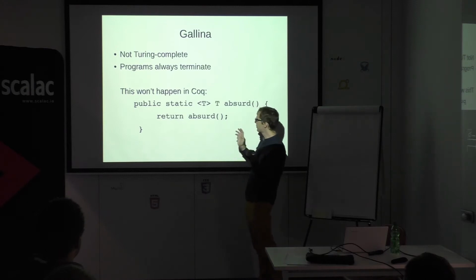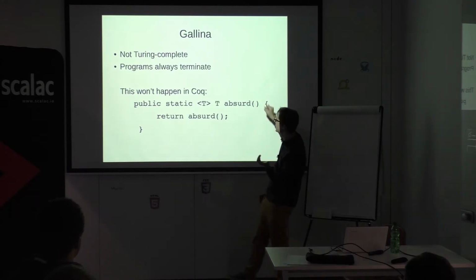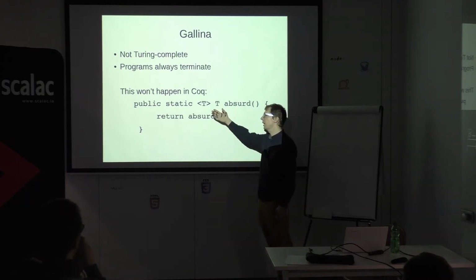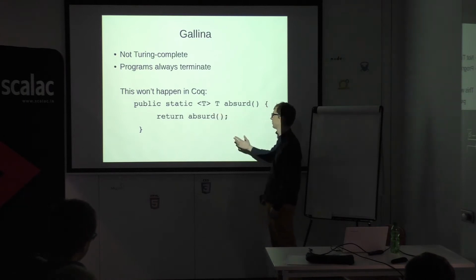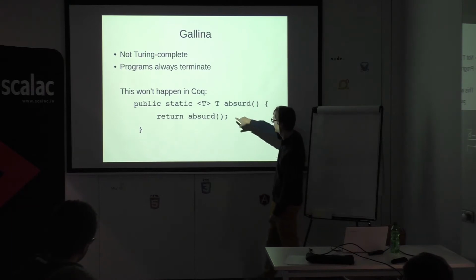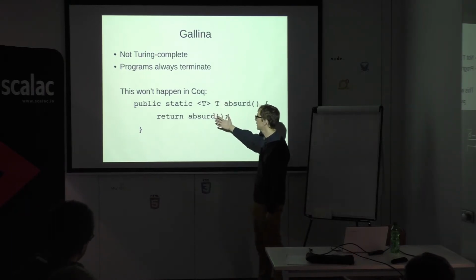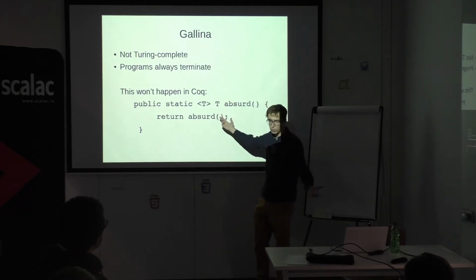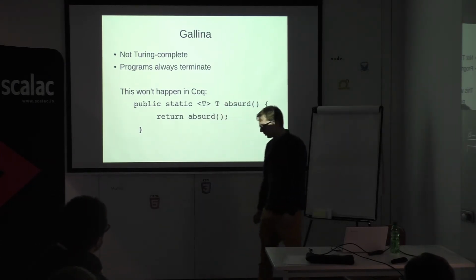I just prepared this little snippet of Java code to explain why Java cannot be considered a proof assistant. Because that's perfectly valid Java code. This is a function, the type of this function is for every alpha, alpha. So that's false, in other words, for every alpha, alpha.